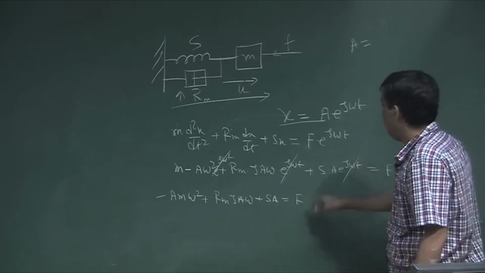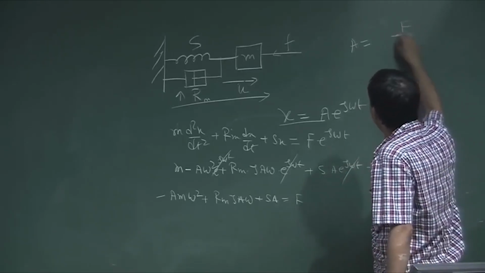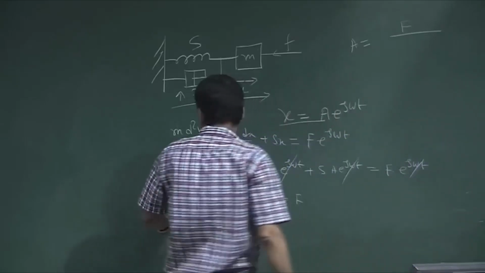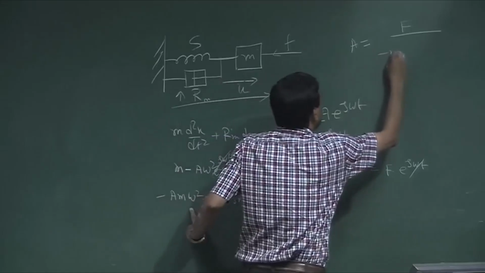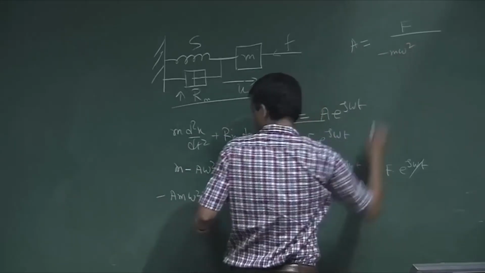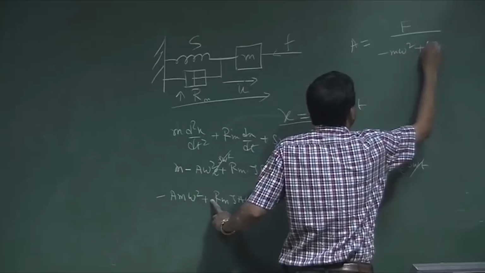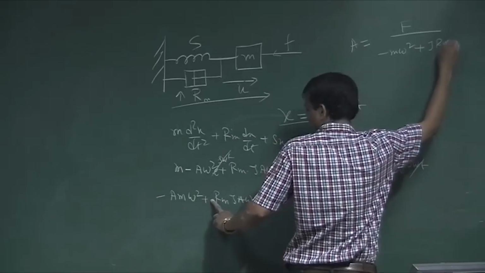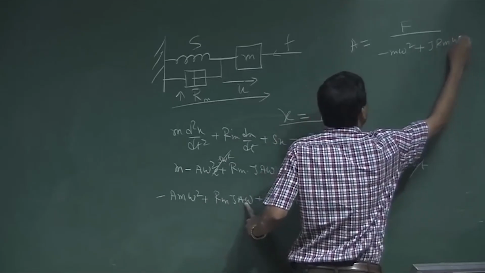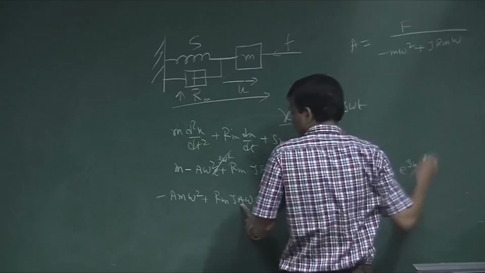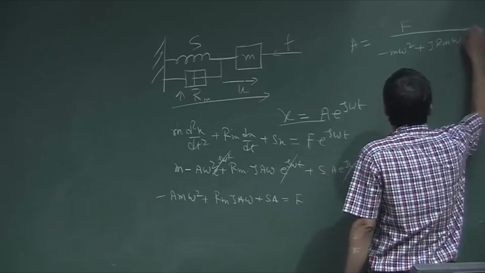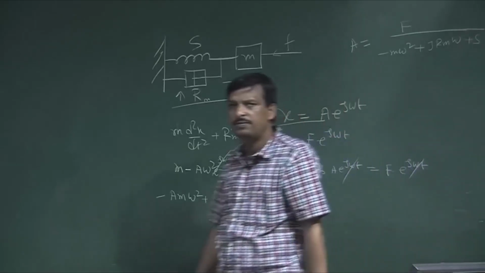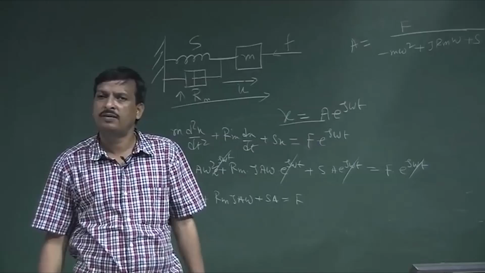A will be f divided by minus m omega square plus j r m omega plus s.